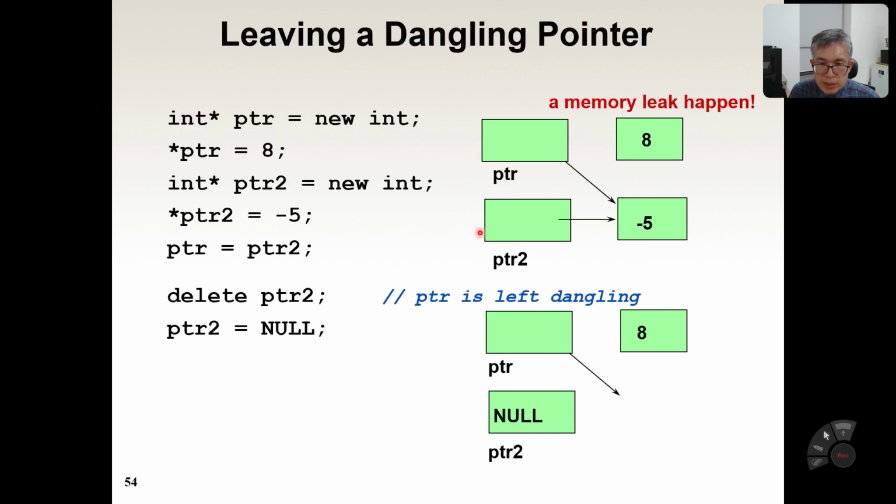And then this is set to 0. The local variable ptr2 is null, meaning it doesn't point to any valid cell. But ptr still points to this one, which is actually the allocated, freed memory. So this is the dangling pointer, because it points to an invalid memory cell.